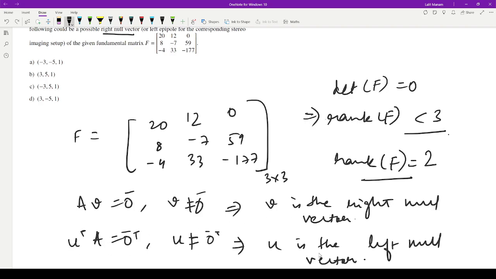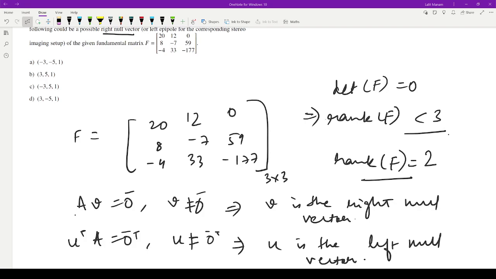Why is it called right null vector? Because of the direction in which you multiply: V is multiplied to the right of A, and similarly U transpose is multiplied to the left of A, so U is called a left null vector.